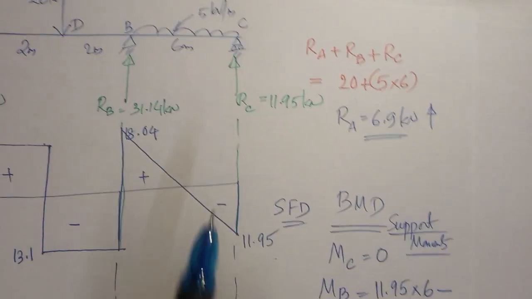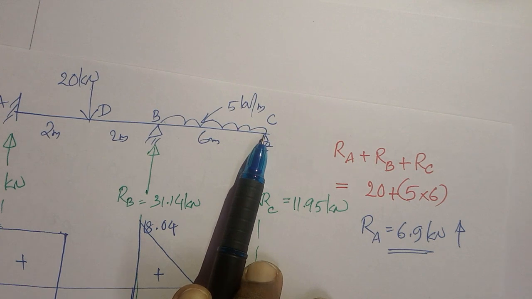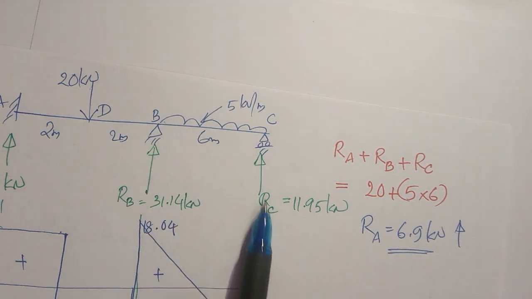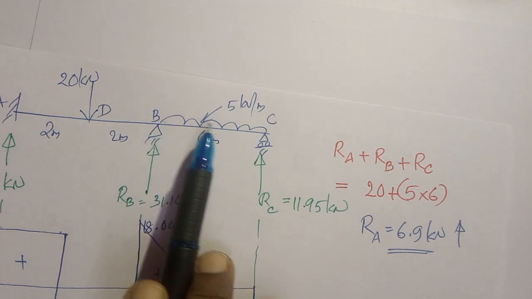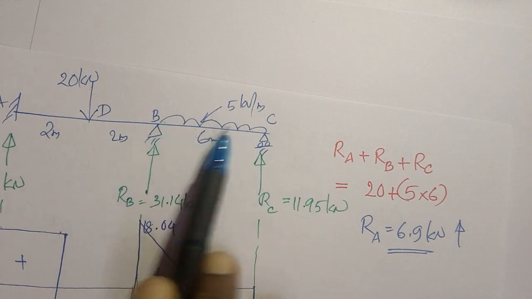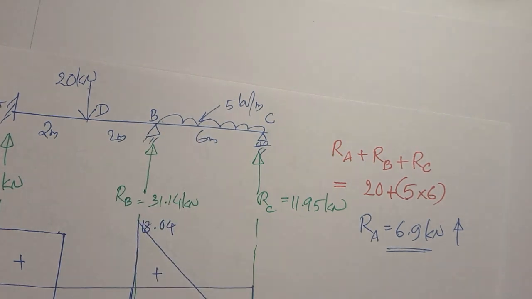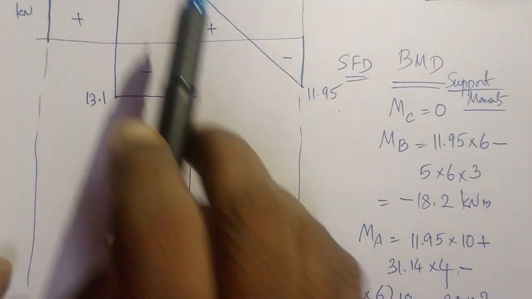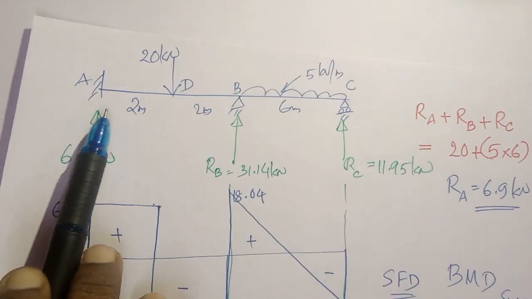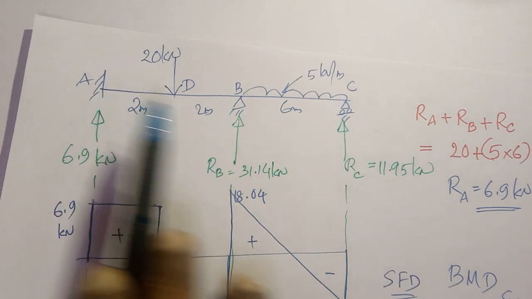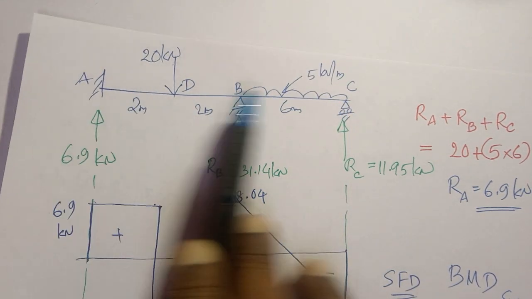Support moments means, I'll explain once again. The moment at support C is 0. Moment at B is equal to RC into this distance minus, due to this external load, 5 into 6 load into 3. Moment at support B you have got. Now moment at support A is RC into this distance, RB into this distance. Then due to these external loads, it is negative moment.